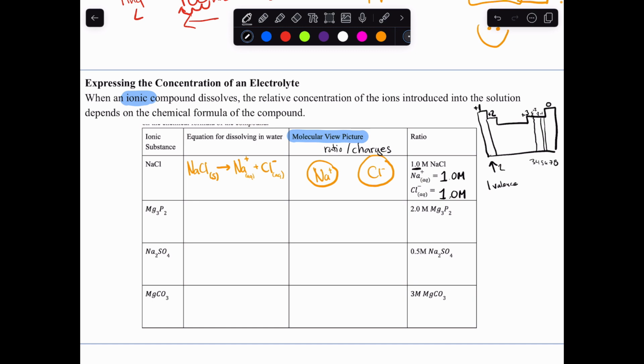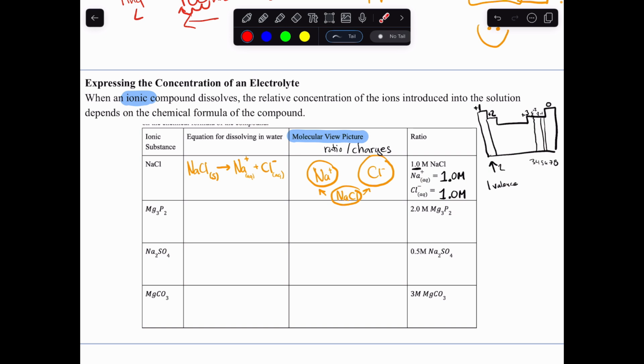I'll draw here in this box. Before, we counted 1 as the thing clumped together. But then since it breaks apart, I still have a ratio of 1 to 1. So that's why 1, 1, 1.